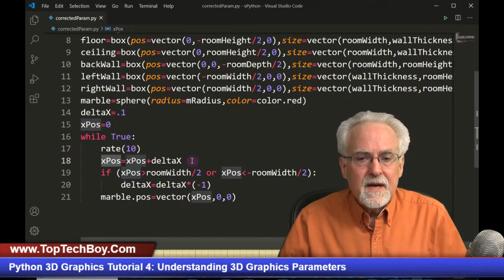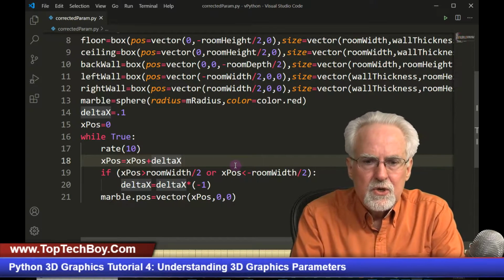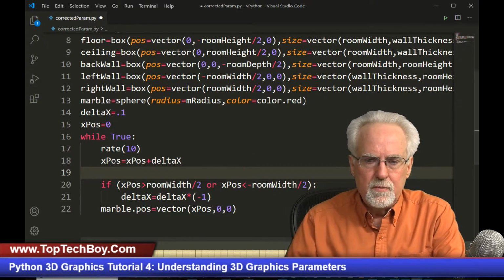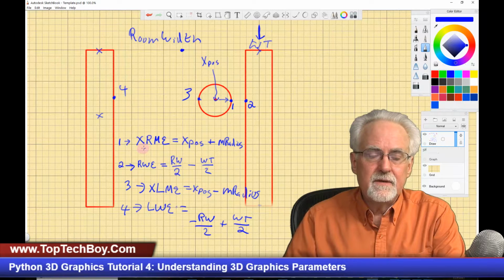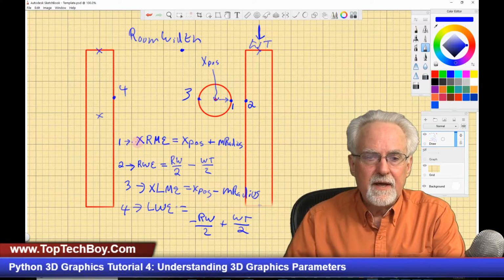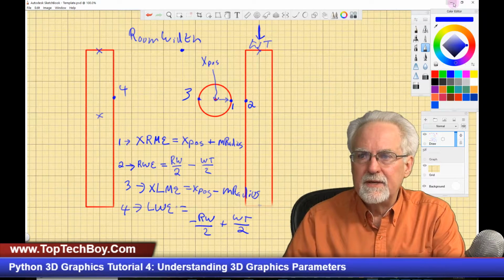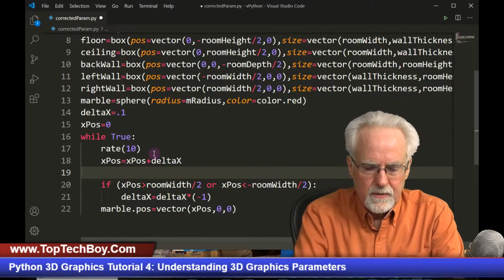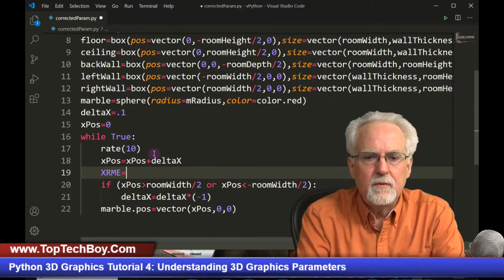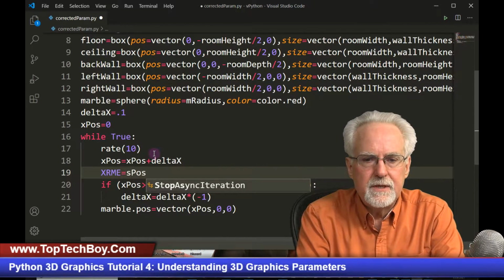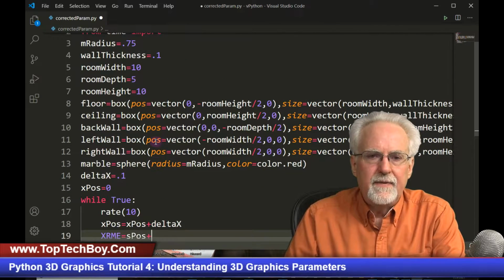But I have to define some new parameters. What is one new parameter? Well, I need this X direction, the right marble edge. I need to define that. So X right marble edge is going to be equal to X position plus, and then what was it?